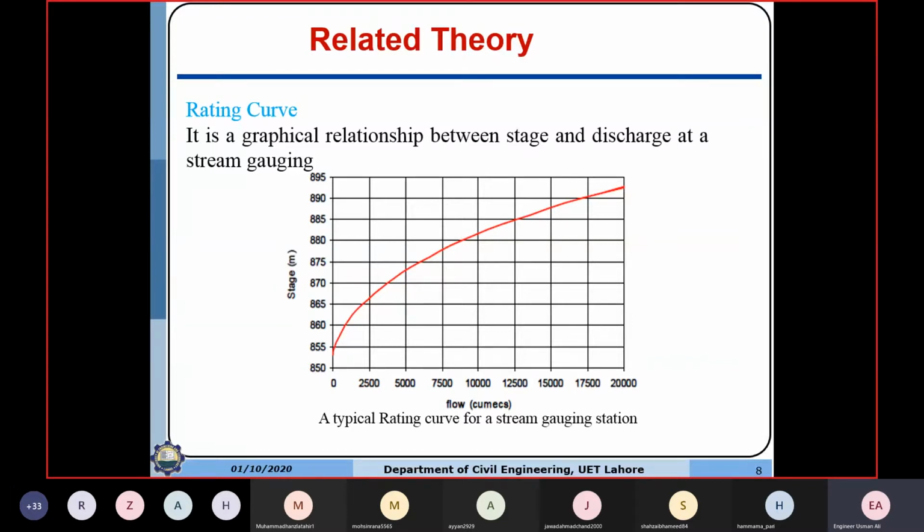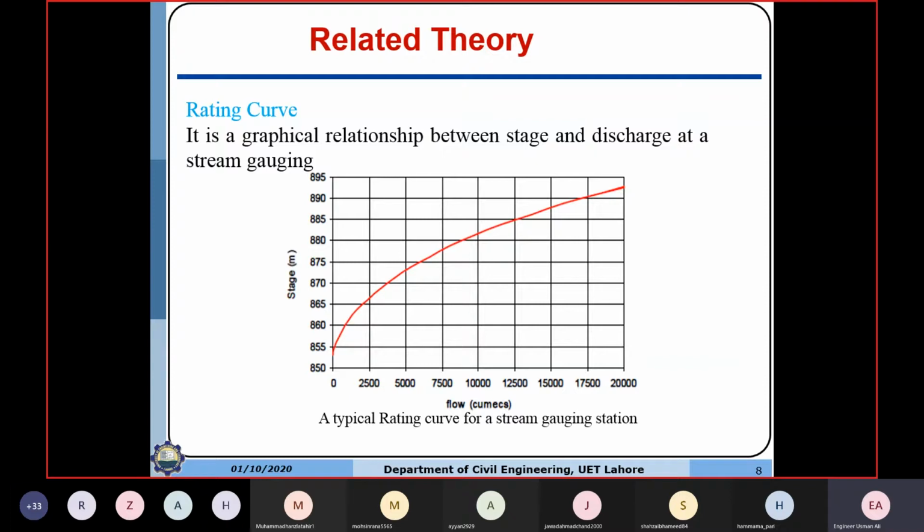This curve is very important for planning and design of hydropower projects, for planning and design relating to reservoirs, reservoir storage, and other water resources and water control purposes, to find the design discharge or the design level for the design of various hydraulic structures.